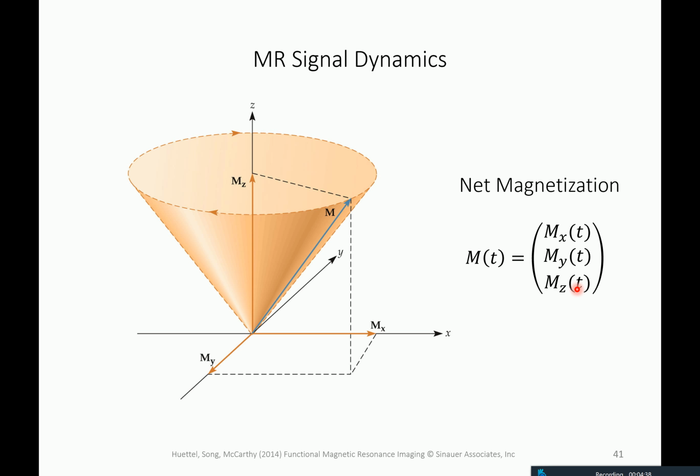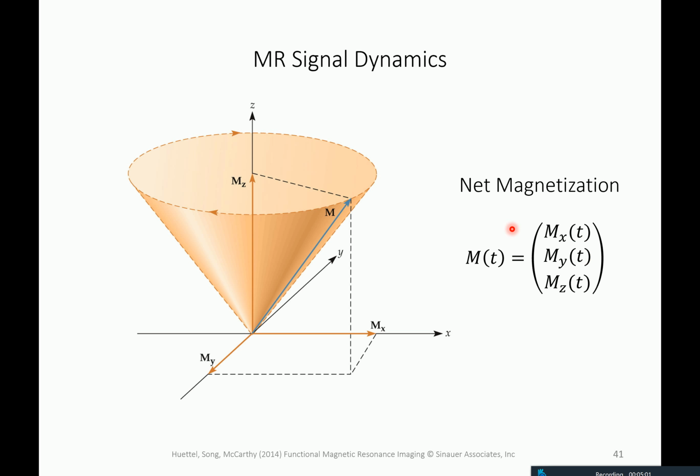And the typical level of description for the magnetization of this is at this aggregate level. So it's the summed nuclear magnetic contribution of all protons, for example, if we're looking at protons.